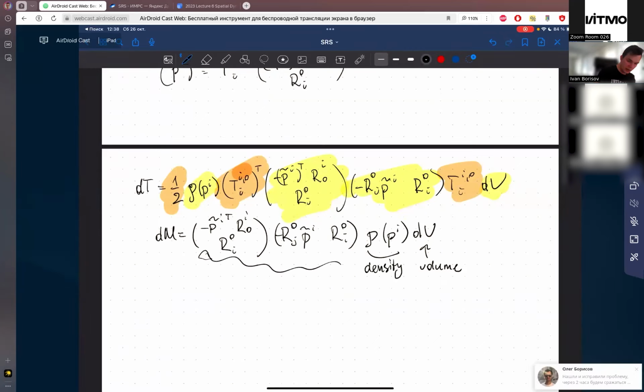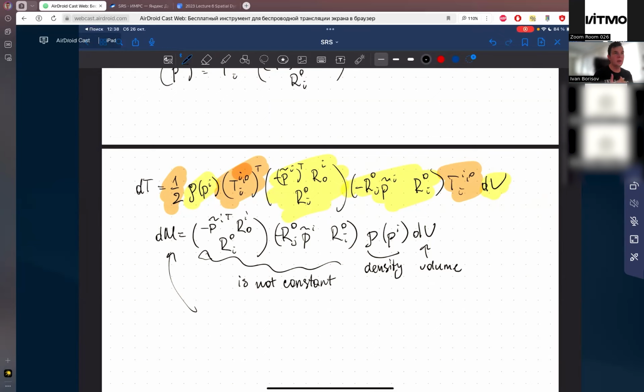This is stuff that changes, so this stuff is not constant. And dm is nothing else than a mass matrix. It's mass for a rigid body. And let me just show you slides.